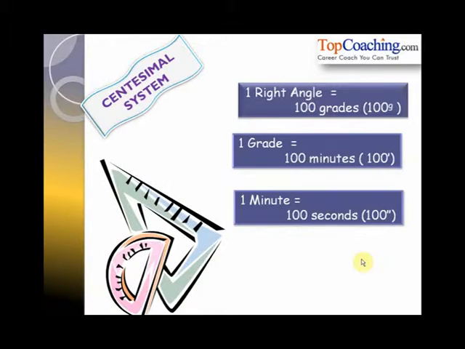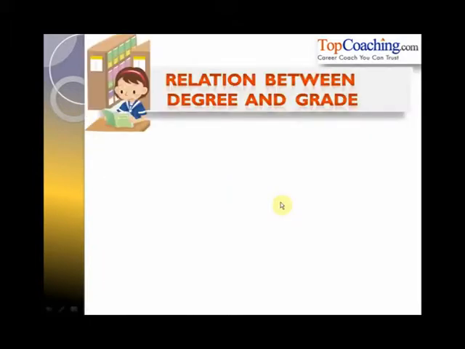On the other hand, in the centesimal system, we again take a right angle, but now we divide it into 100 equal parts such that every equal part is known as a grade. Then this grade is further divided into 100 equal parts such that every part is known as 1 minute, and then 1 minute is further divided into 100 equal parts, such that all the equal parts are called 1 second.